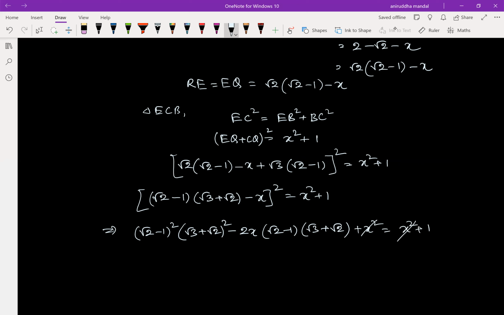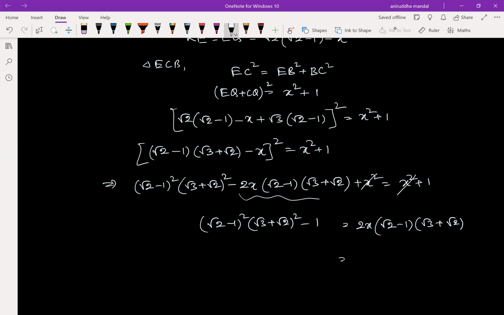So x square got cancelled, and taking 1 to this side and this complete term to that side, we can write 2x root 2 minus 1, root 3 plus root 2, equal to root 2 minus 1 whole square, root 3 plus root 2 whole square, minus 1. So x is equal to root 2 minus 1 whole square, root 3 plus root 2 whole square minus 1, divided by 2 times root 2 minus 1, root 3 plus root 2.